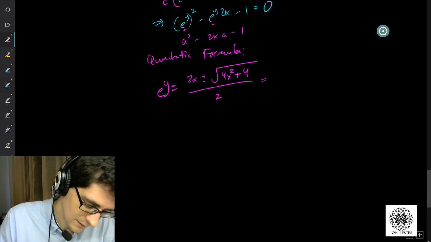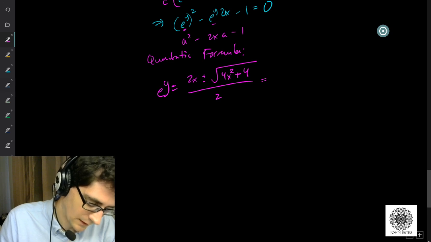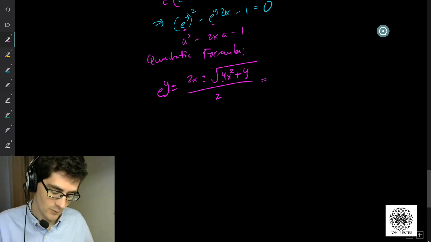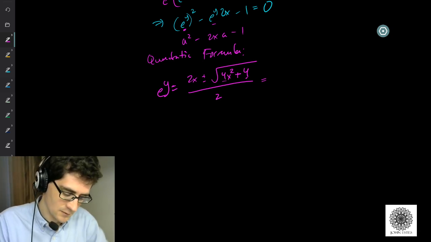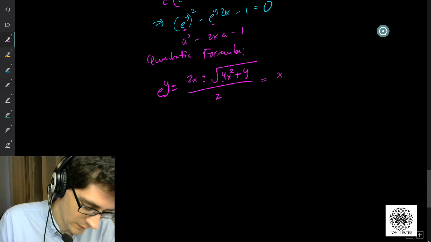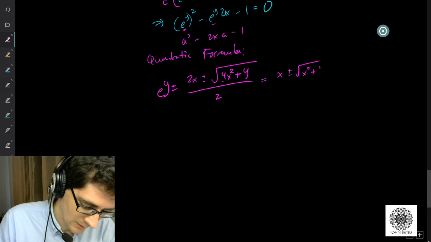Notice that's going to reduce: I can take a 4 out of the square root, take out a 2 and then cancel the 2's. I end up with x plus or minus the square root of x squared plus 1.